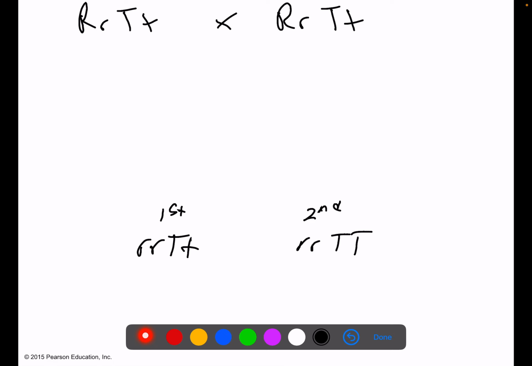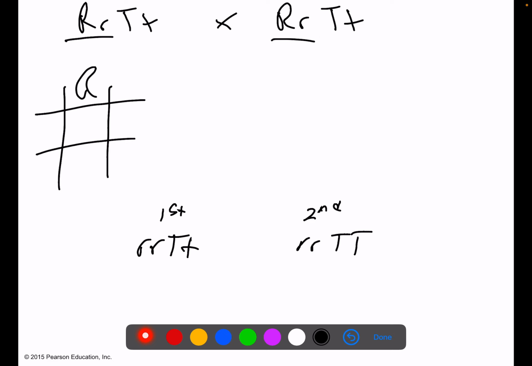But if you're being asked odds, likelihood, probabilities, what are you supposed to do here? Well, remember, you don't want to do a massive Punnett square, so let's just do the r's first. Big R, little r, big R, little r. And then fill it in. And then do the t's.